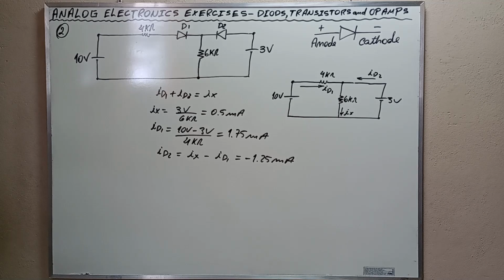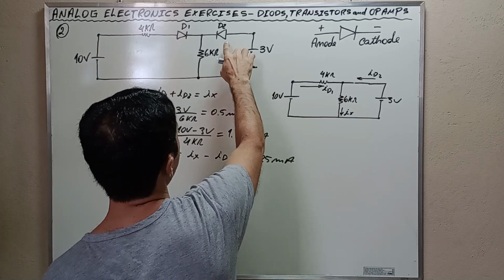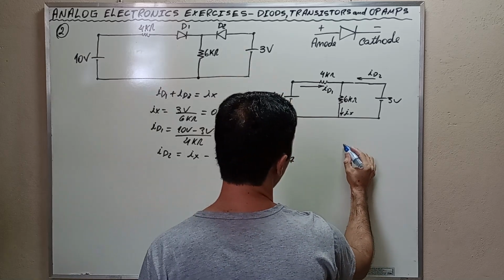Since the negative sign means that ID2 flows in the opposite direction, that is from the cathode to the anode, which is impossible under normal operation, we observe that actually D2 is off, contrary to the assumption proposed by the exercise. Okay, here we have this diode D2.